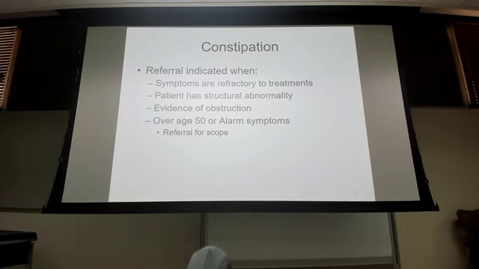If they have those alarm symptoms we mentioned and are over 50, refer for some scope, whether that's colonoscopy or flex sig. If not, simple, no red flags, treat in primary care. As much down that treatment algorithm that you need to go before you start looking at secretagogues, and it's time to get a GI specialist involved.